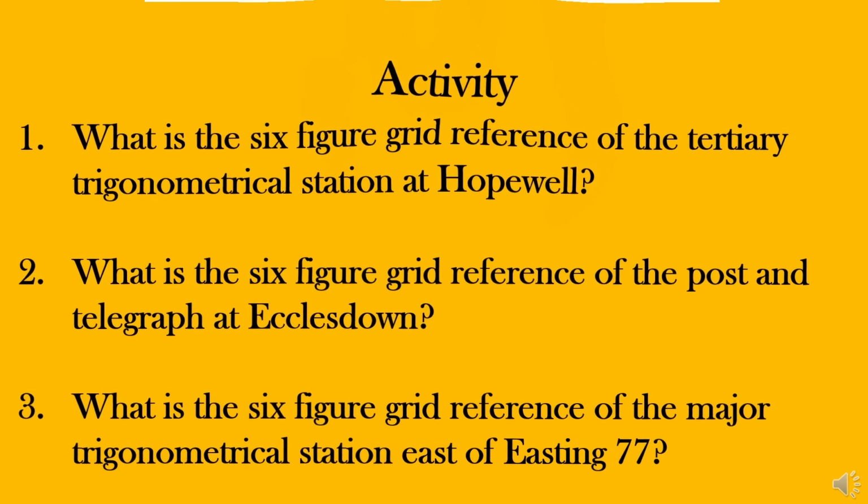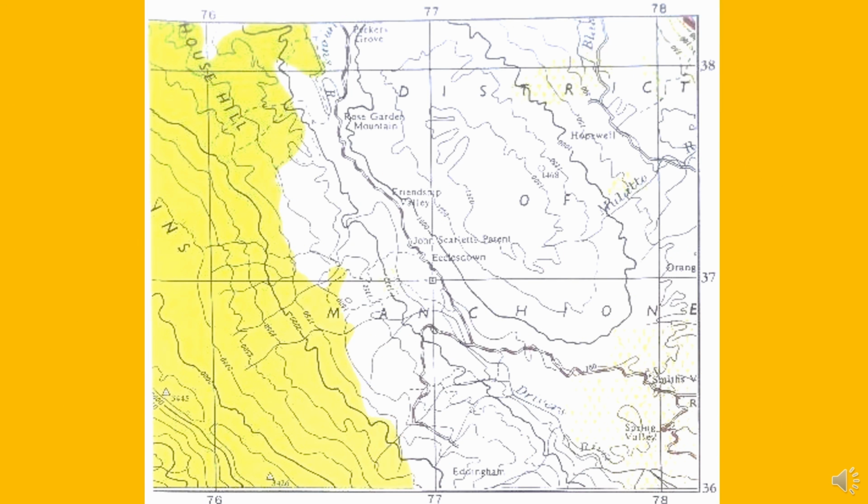Alright, so here is our first target, our tertiary trigonometrical station at Hopewell, which is highlighted right here in red.